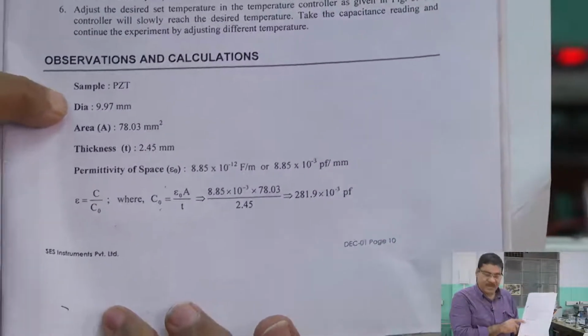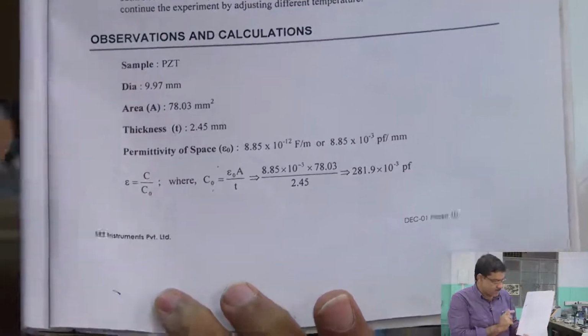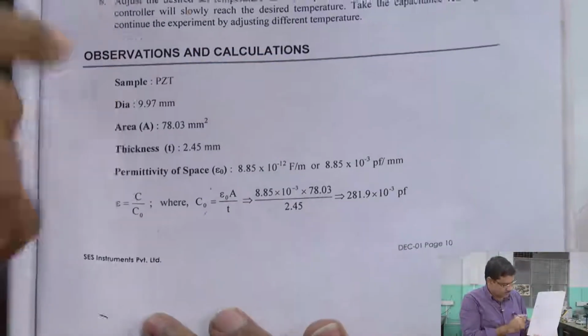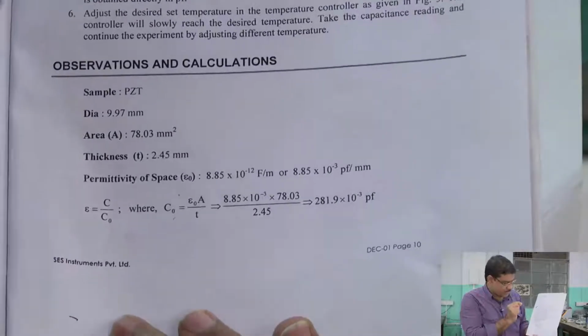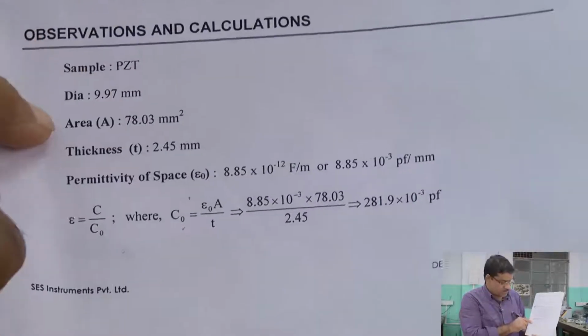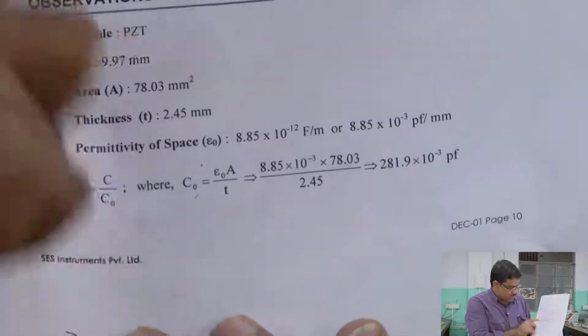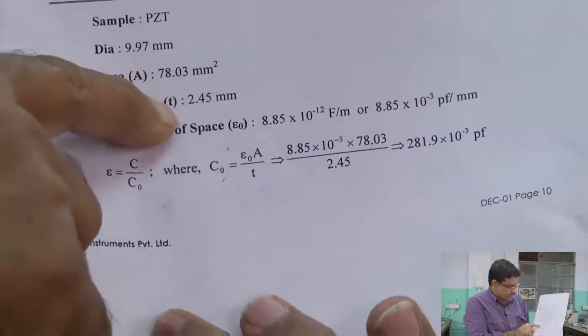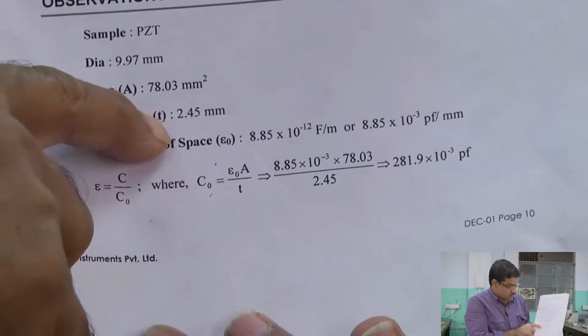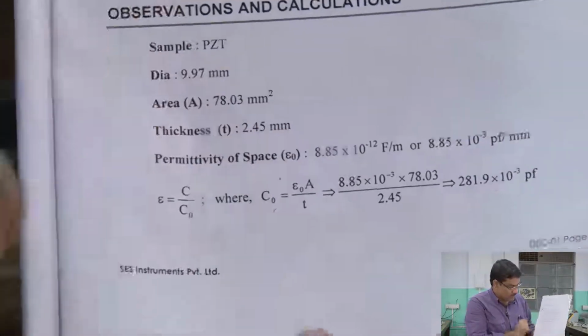Here the diameter is 9.97 millimeter. The company has supplied this sample with this diameter, one can also measure it. The corresponding area will be this, and the thickness of the sample, that is important, is 2.45 millimeters.